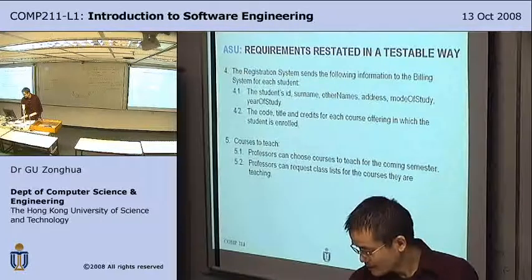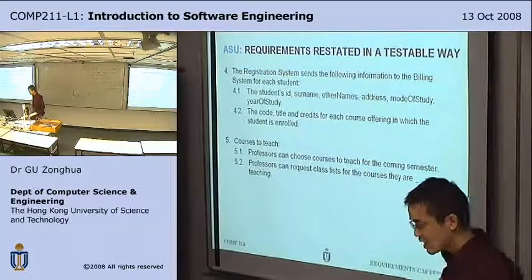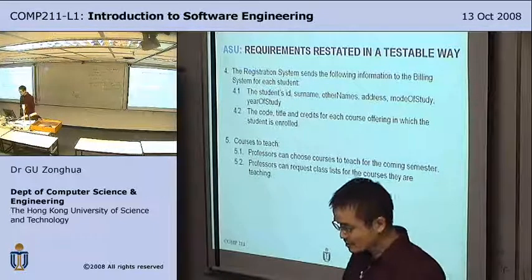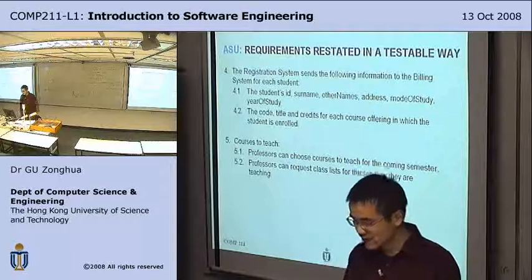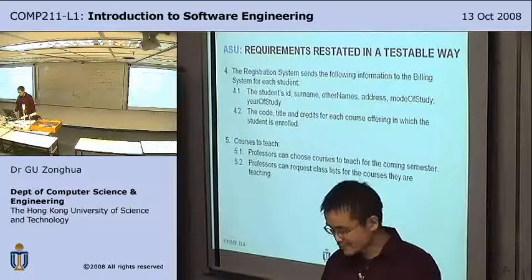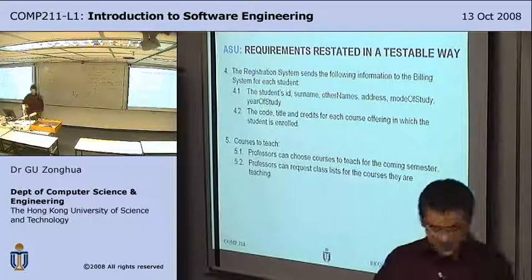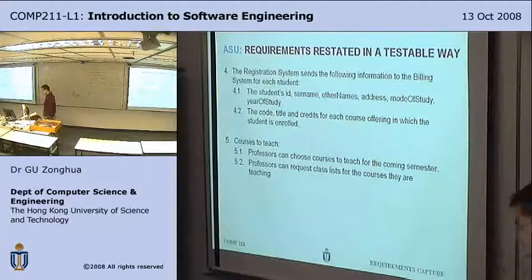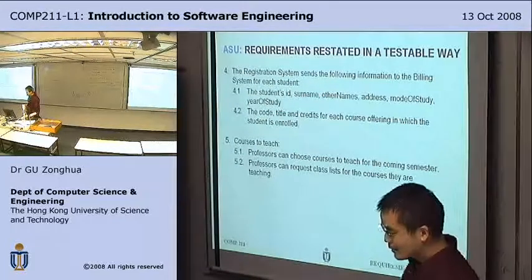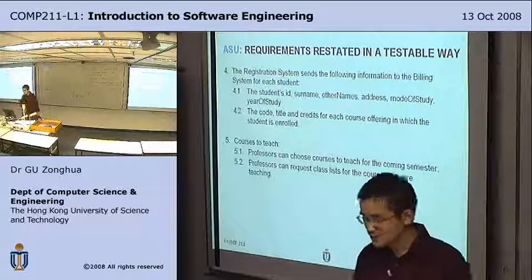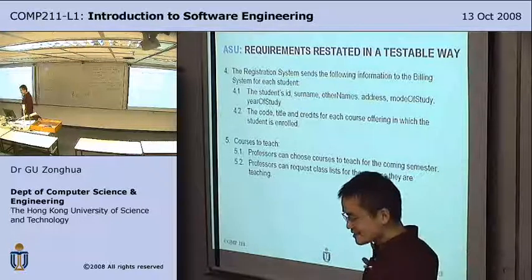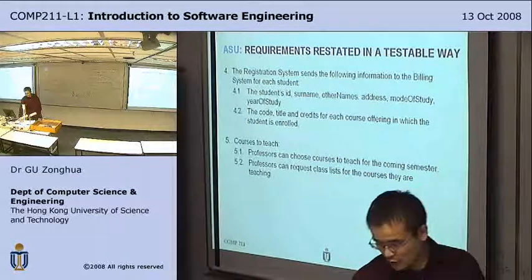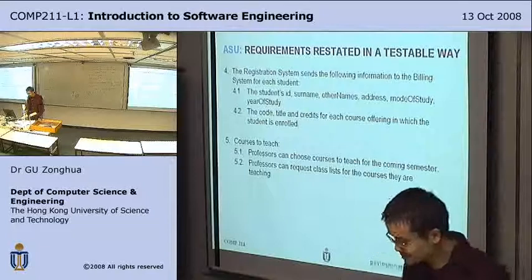Comp211 software engineering, 4 credits, for each course offering in which the student is enrolled. In the previous version you say send information, but what information? It's not testable. By stating it in a precise way, you can write a test case for it.